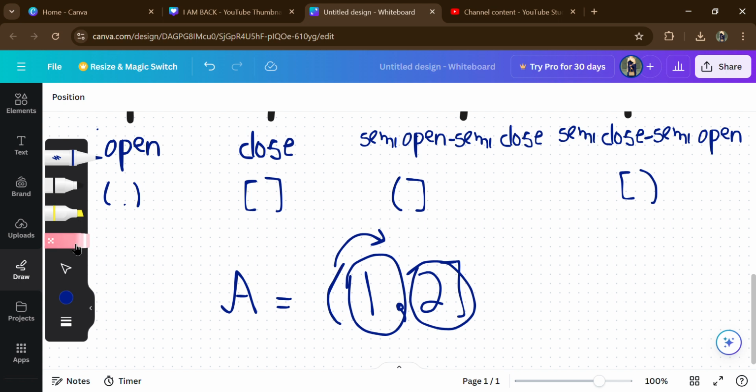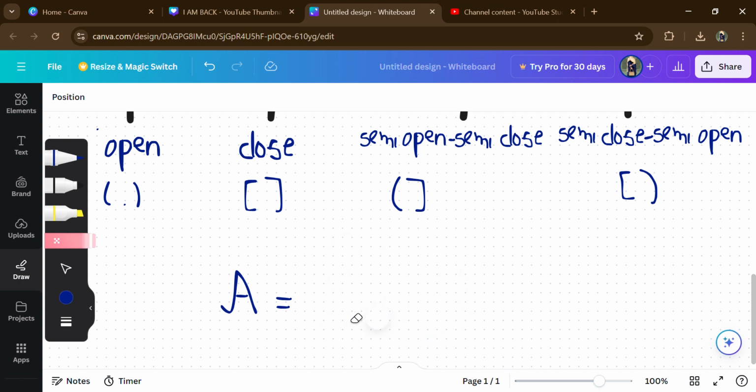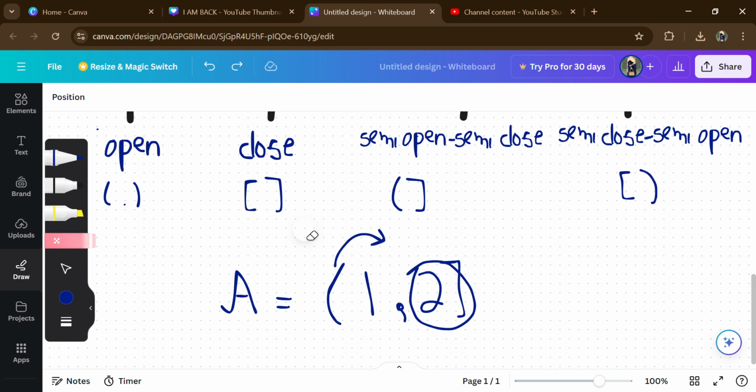I hope this is clear to you. We'll consider the 2 in the set but won't consider 1.